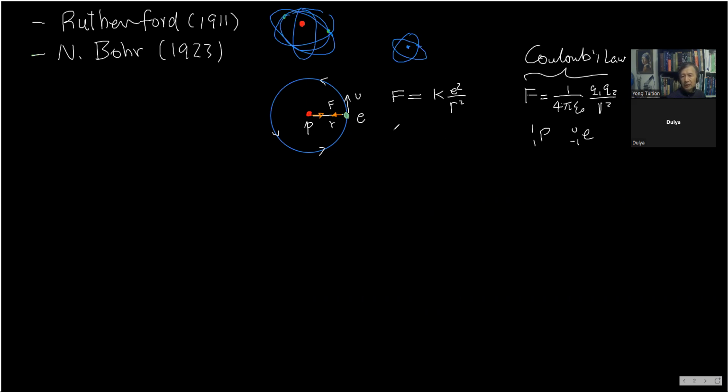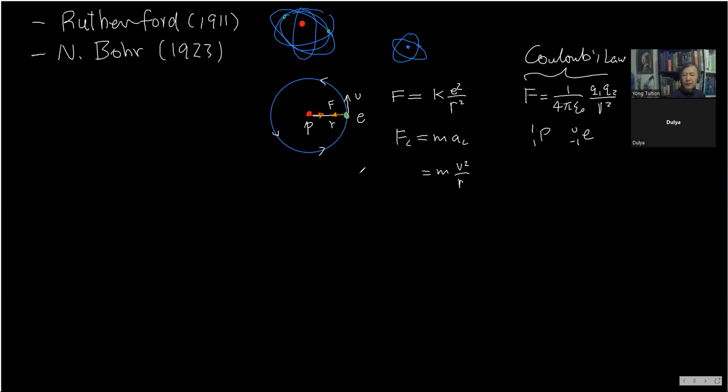Now, according to Newton's law, for circular motion there is a centripetal force equal to m a_c. Do you remember what a_c is, the centripetal acceleration? Yes, v squared divided by r.